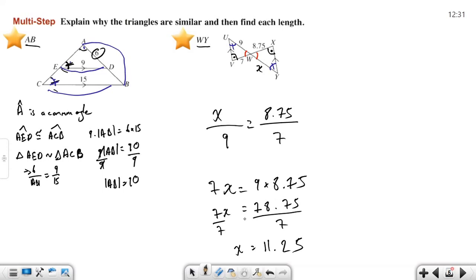So you need to do a little mathematics here. Simplify 7 divided by 7x and 78.75 divided by 7 is 11.25. So we find the length of WY is equal to 11.25. First we find similarity, then we find the missing length.